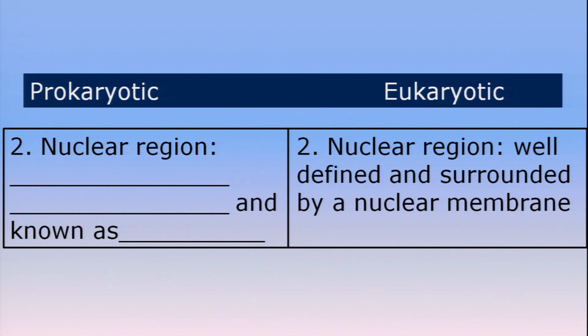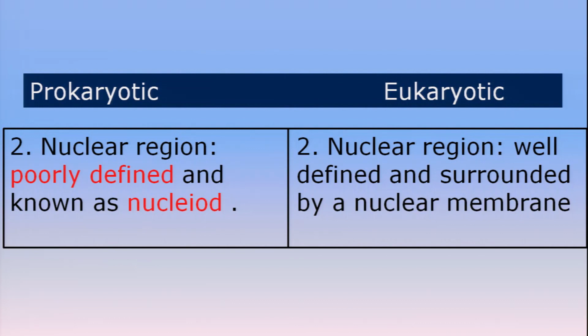Then eukaryotic cells have well developed nucleus. In eukaryotic cells, nuclear region is well defined and surrounded by a nuclear membrane. What about prokaryotic cells? Can you say? In prokaryotic cells, nuclear region is poorly defined and known as nucleoid. It's poorly defined in prokaryotic cells and known as nucleoid.